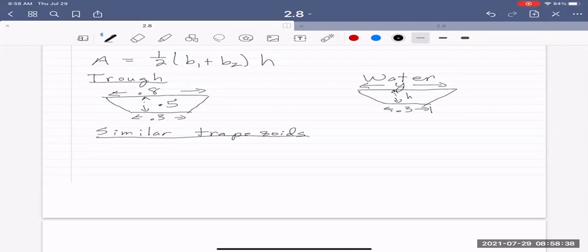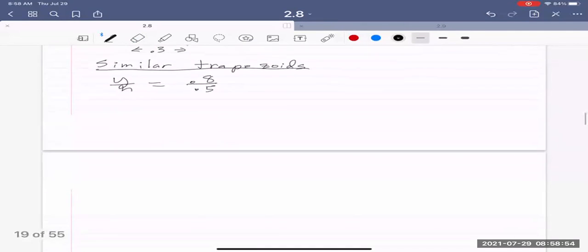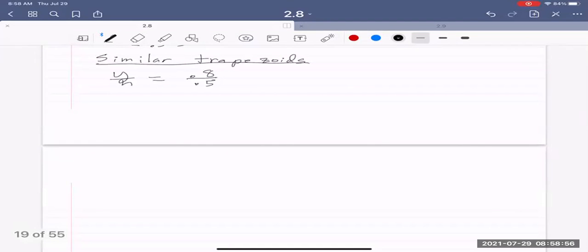I have that y over h is the same as 0.8 over 0.5. And so, to get rid of decimals, 8h is equal to 5y.